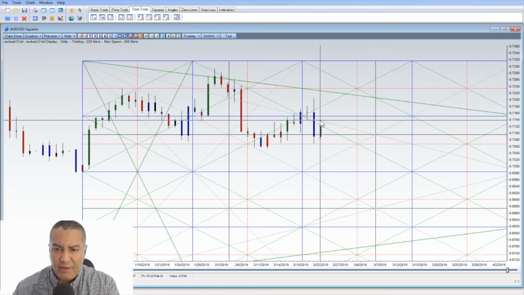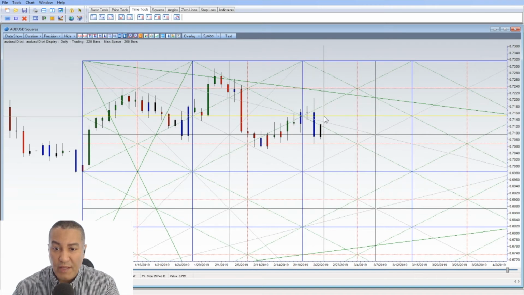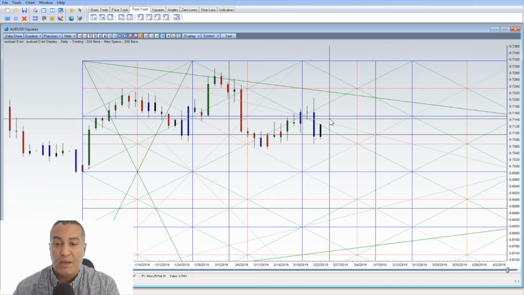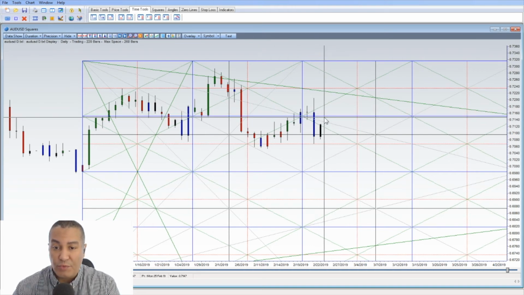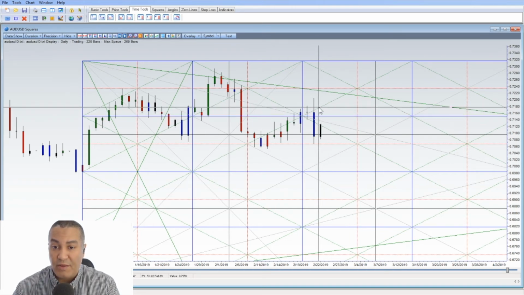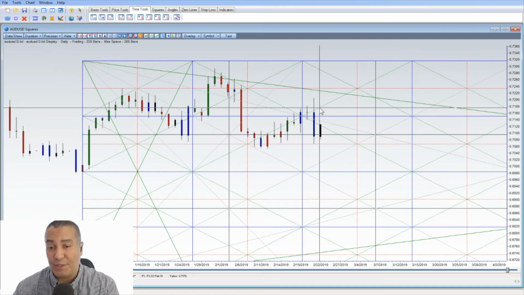So it's kind of above it, but it's hovering around this angle right there that we see. If it gets right through it, then this target of 71.51 again could be a possible target. And if it blows right through that today and it's massive, then somewhere around 71.76 could be possible resistance.